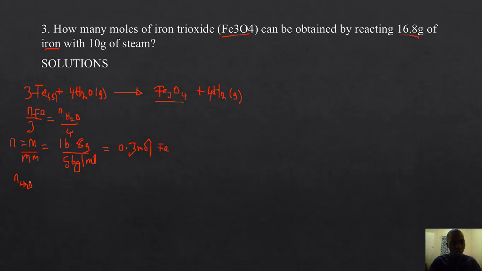Steam here will simply be the mass. They've told us 10 grams. So the 10 grams over, by now you know how to find the molar mass, because for water, we know water is H2O. So we're going to have 16 plus 2, which is 18. So this one will be 18 grams per mole.